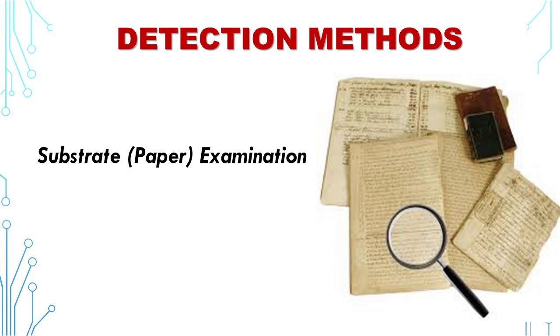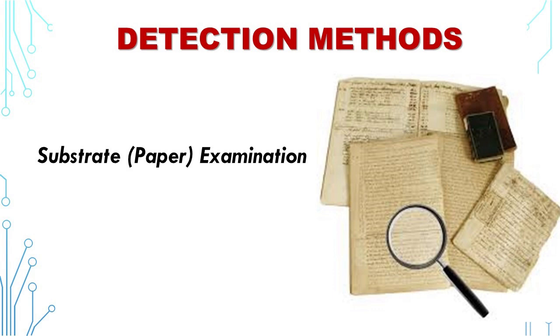Another method we consider is the substrate or the paper examination. We look at the paper to look for watermarks. Identify unique watermark designs that can be traced to a specific manufacturer and production period.